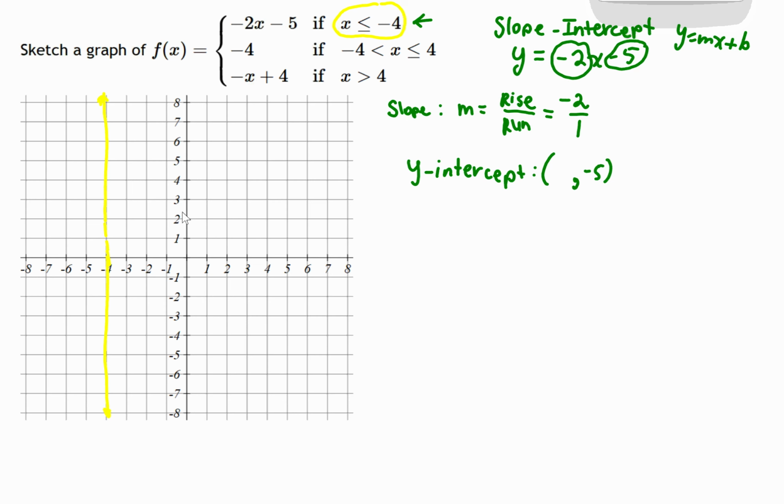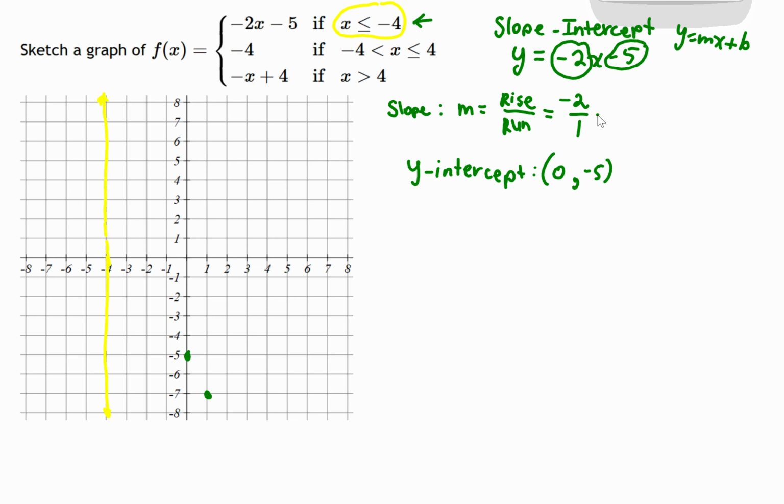And the y-axis, anywhere you go along the y-axis, the x value is going to be 0. So we can make the point 0, negative 5, and this can be the place that I start and then use this slope to get to another point, so I can graph my line by connecting those points with a straight line. So I'm going to go from that starting point, I'm going to go down 2 and over 1.